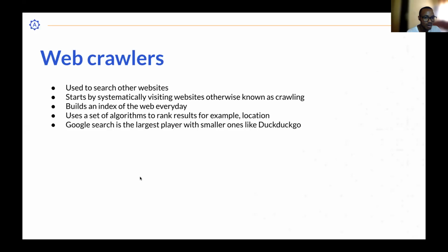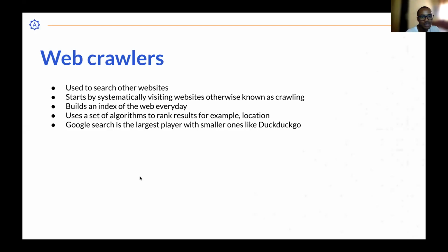If someone is in Denmark and they search for volcanoes, they'll see results that are different from what you're going to see, because the ranking will be different for you based on, for example, the location where you are and the weight that your search has in that area.